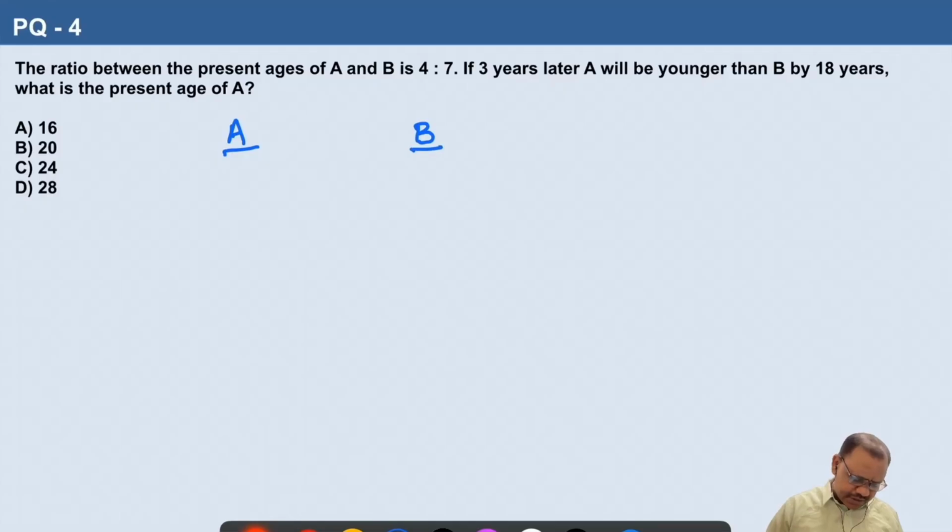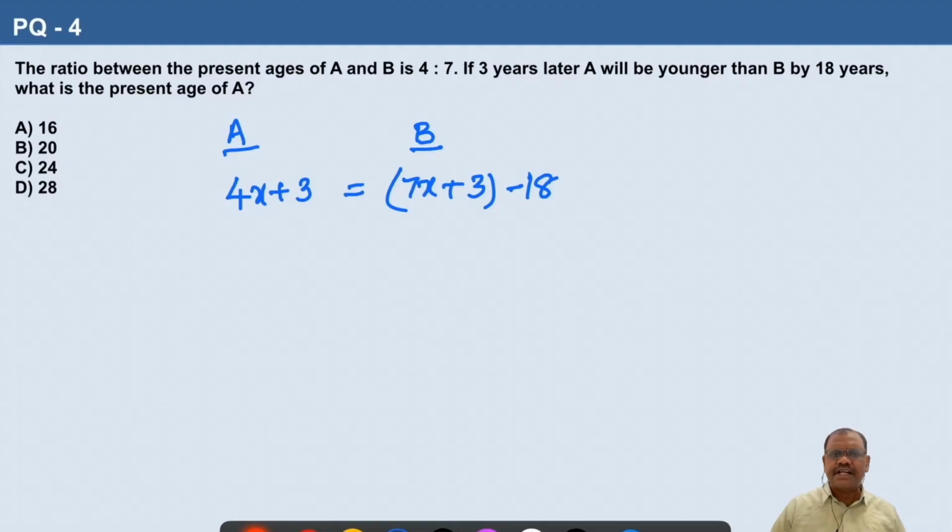So we'll assume them as 4x and 7x. And the condition is 3 years later, add 3 to both. A will be younger than B by 18 years. A is equal to B minus 18. So this is the equation.